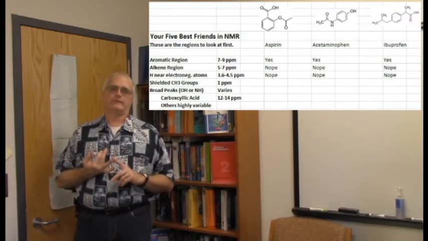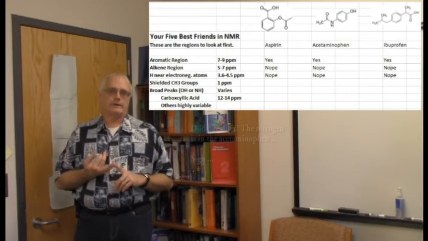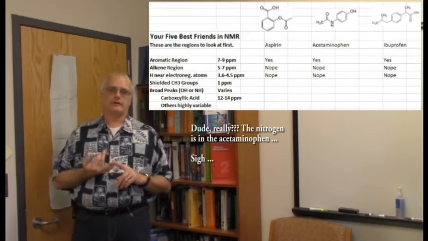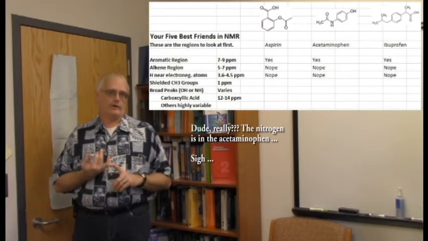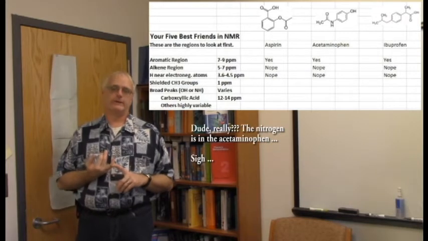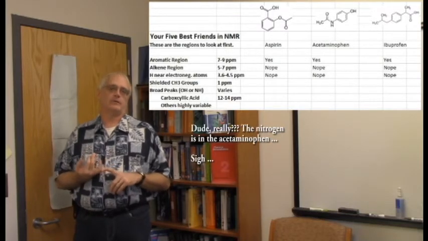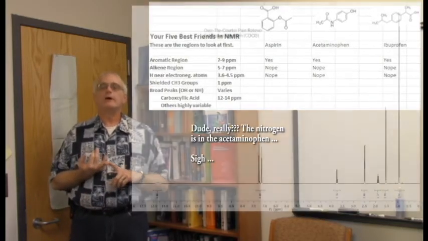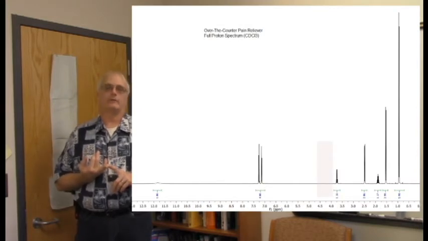We do see, for example, a carbon attached to a nitrogen in aspirin here, but that carbon is either a carbonyl on one side or the carbon of an aromatic ring on the other. Neither one of them has hydrogens on that. So none of these structures are going to have peaks right around 4, and sure enough, we don't see anything. We see something fairly close, but nothing right around 4 ppm. So that one's let us down as well.